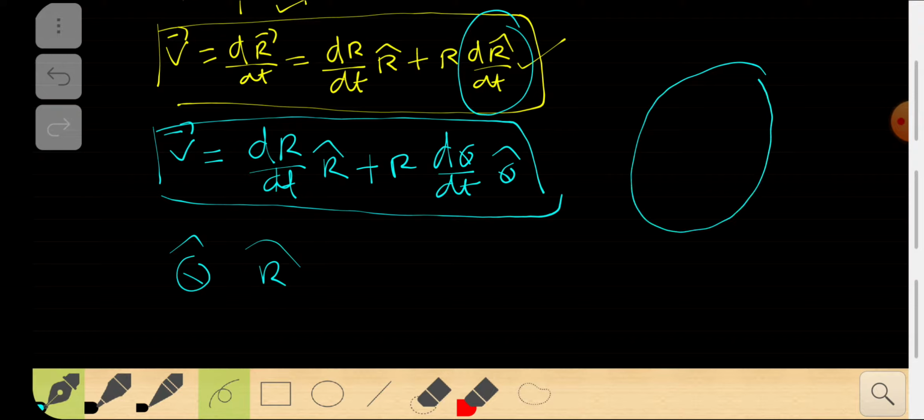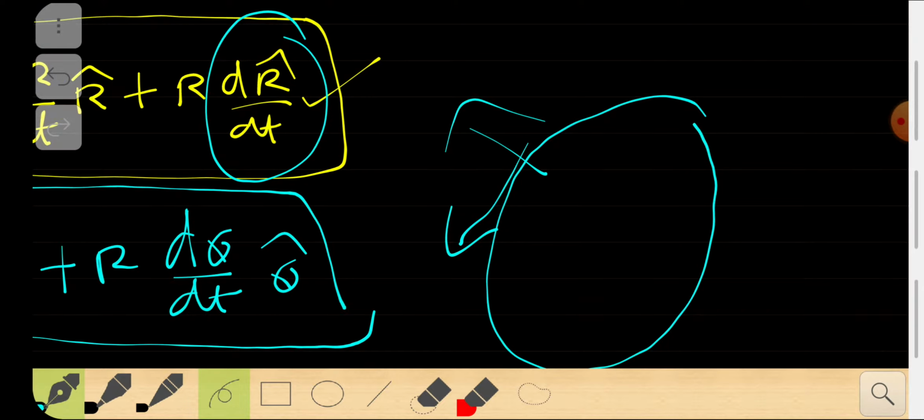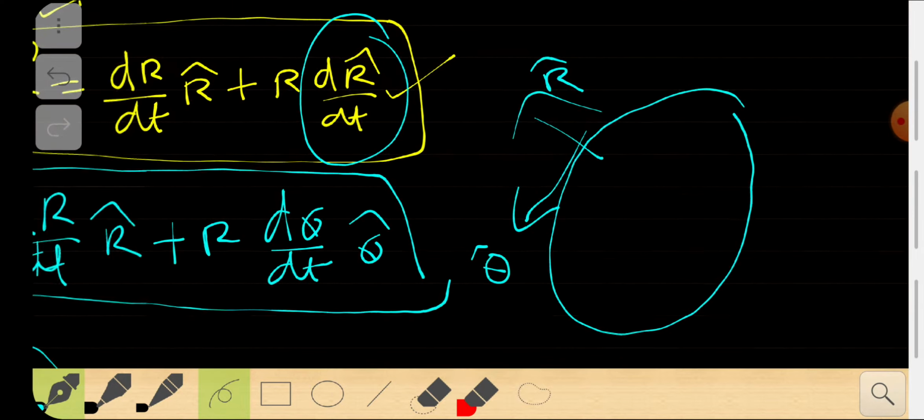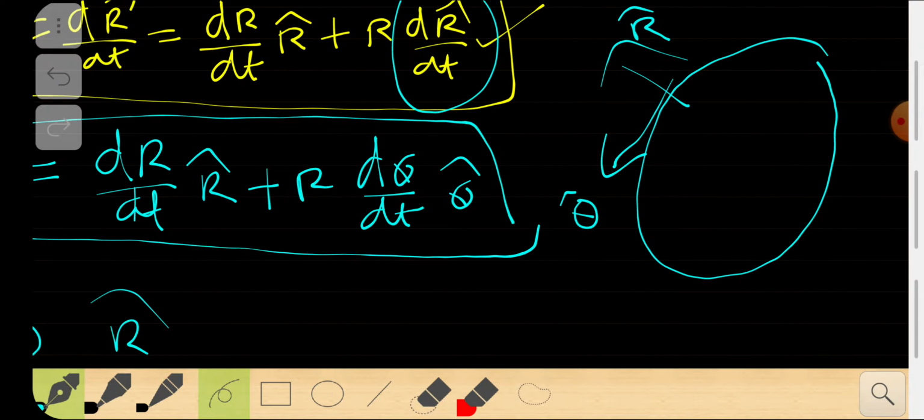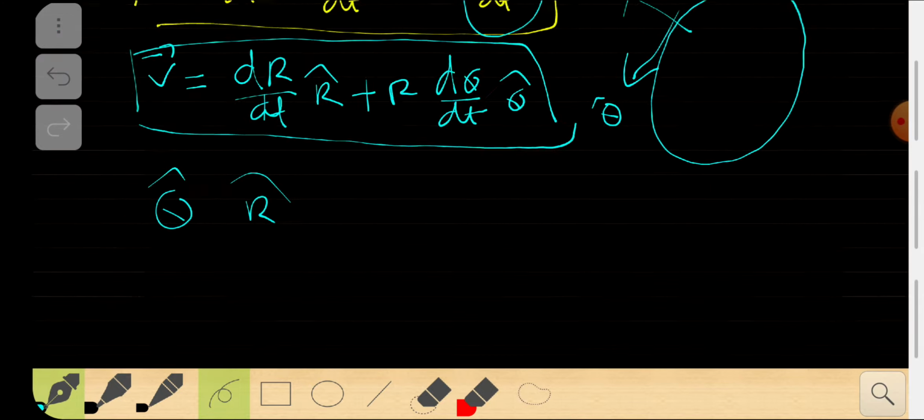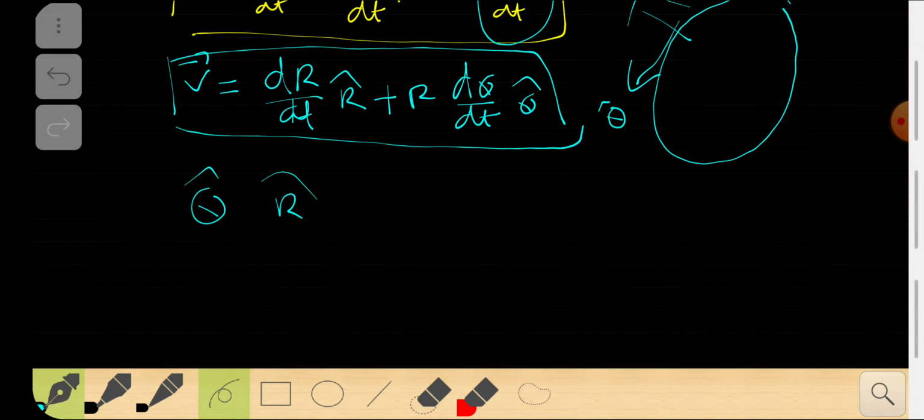In that path, it will have an r cap component which is radially outwards, and then there will be a tangential component which is theta cap, tangent to the path, the trajectory, and also r cap in this direction or into the inside if it is negative. So that's how a velocity will look like for a non-circular path.